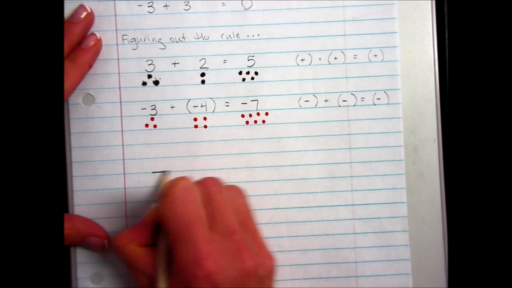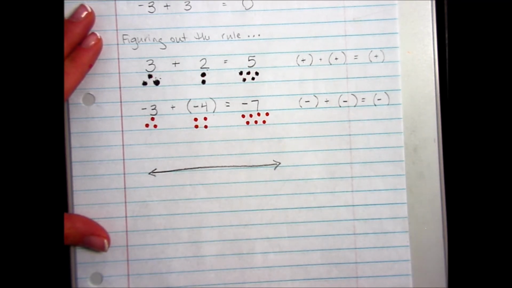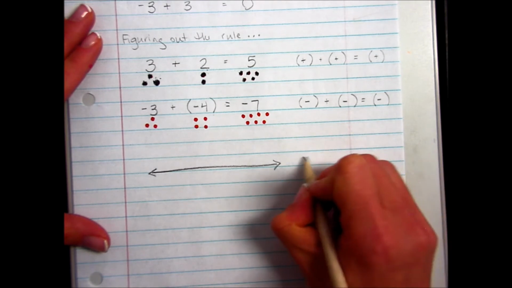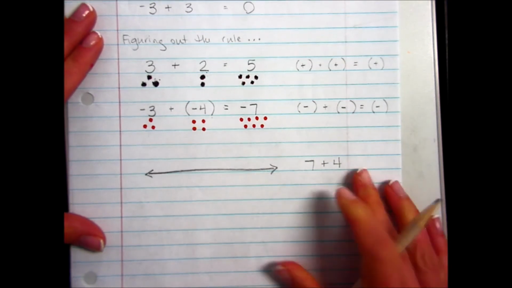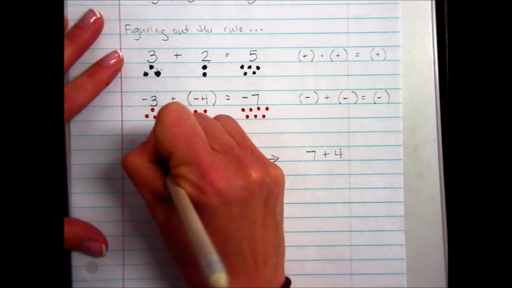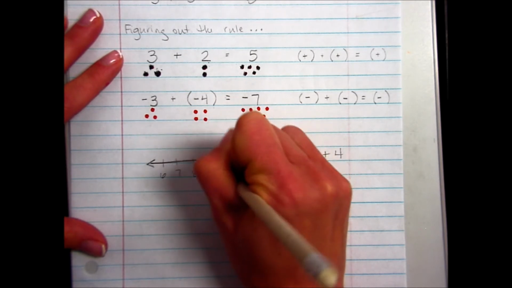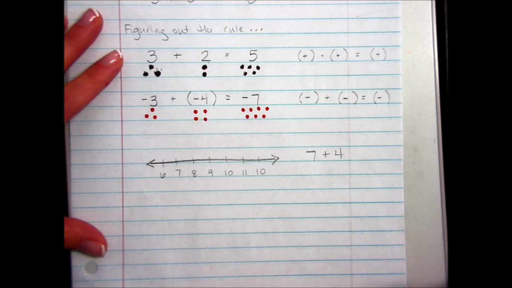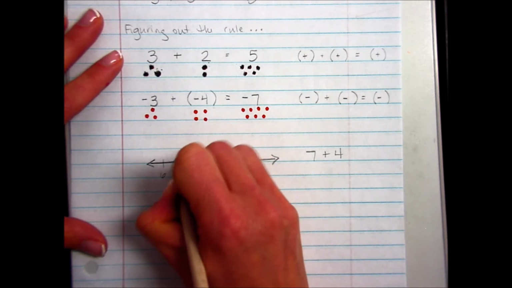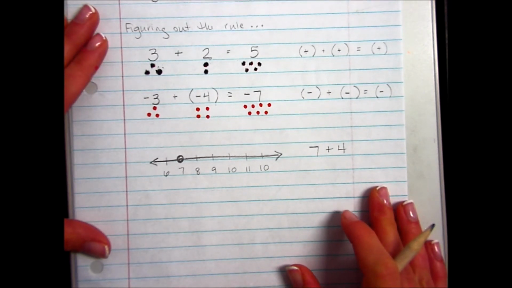All right, what if we do a number line here, and I want to show maybe 7 plus 4. All right, so if I start at 7, and if I'm playing a football game, I'm on the 7-yard line.